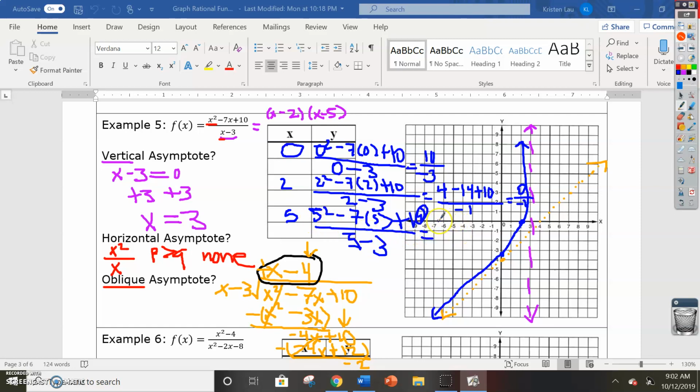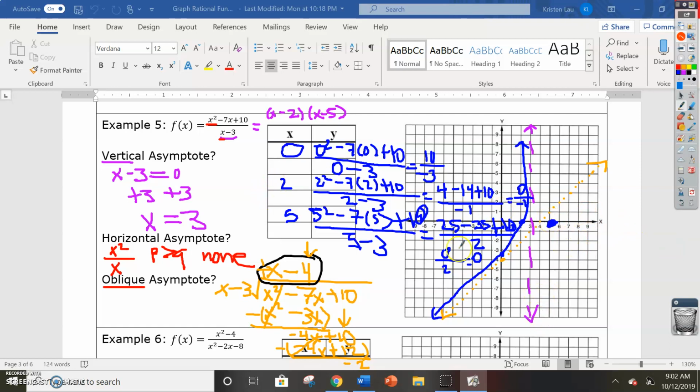So I have 5 squared, which is 25, minus 7 times 5, which is 35, plus 10. All over 5 minus 3, which is 2. So 25 minus 35 plus 10 should be 0 over 2, which should be 0. So I found another x-intercept.